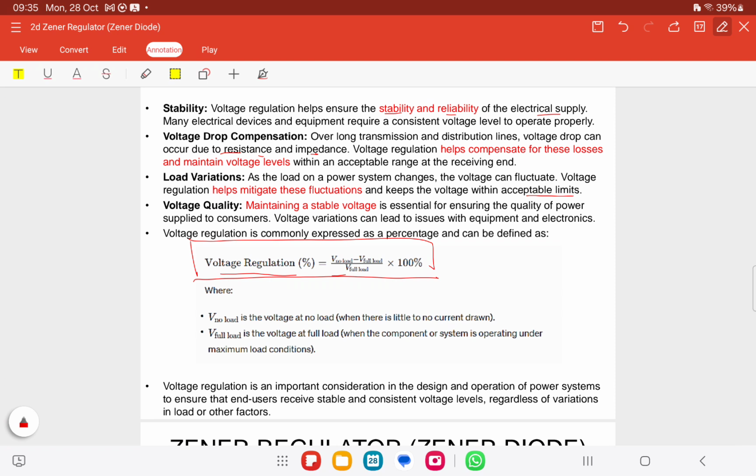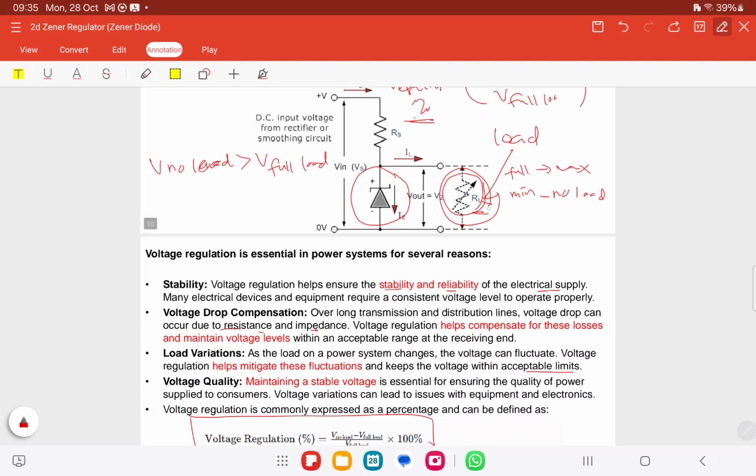Since we have the R value ni, dia akan ada R max dengan R min. So voltage pun akan ada voltage max and voltage min lah. But then the voltage max and min mesti in acceptable range, so that the circuit can still function. If it exceeds the maximum value, diode tu akan rosak juga.